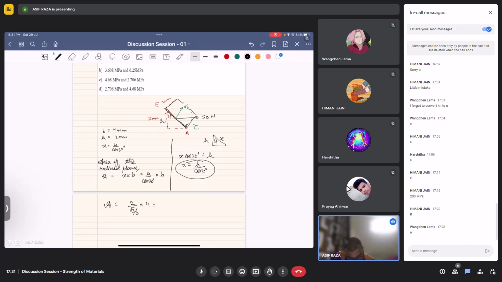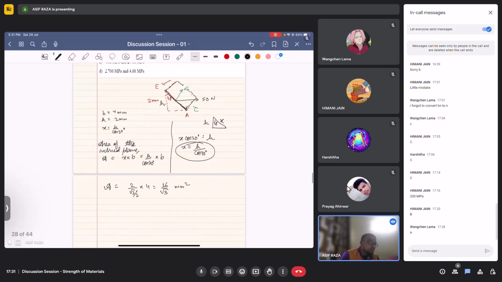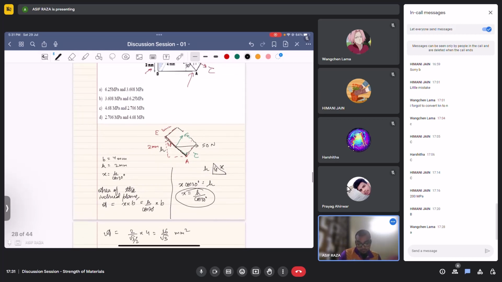So 4 times 4 is 16, upon root 3 mm square. Okay, now we have found the area of this inclined plane.